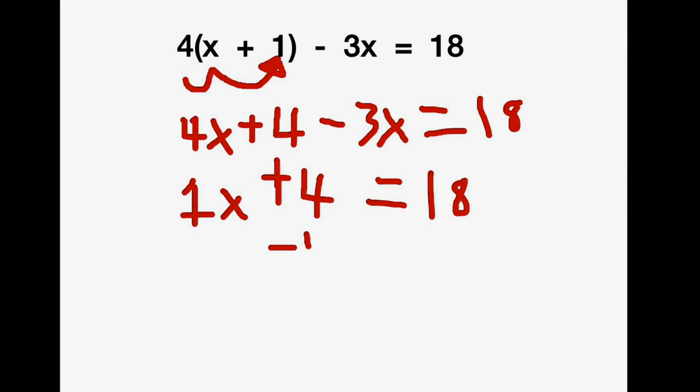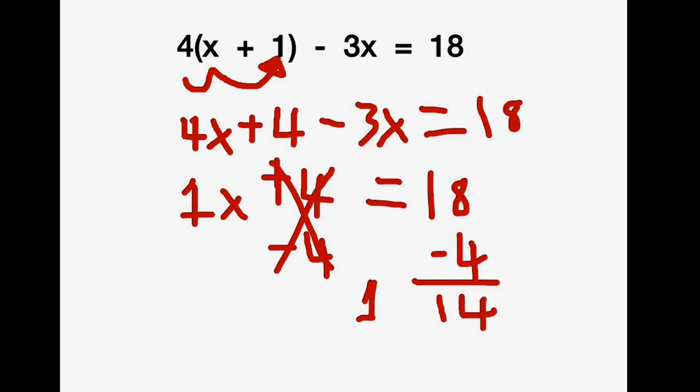You would then be able to subtract 4 from both sides and get 1x equals 14. And because 1 times anything is itself, you don't need that 1. So the answer is x equals 14.